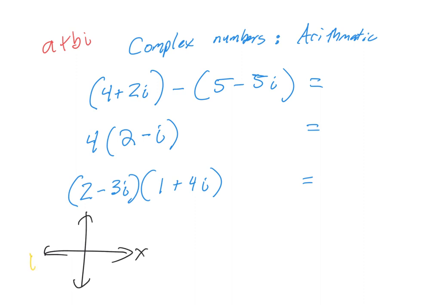This is an i. I just changed my color. This is an i. There we go. So if I wanted to graph that first one, just 4 plus 2i, I would go over 4 on the x and then up 2 on the i, and that point right there would be 4 plus 2i. And that's how the complex coordinate system works, right? So we've had the Cartesian coordinate system.